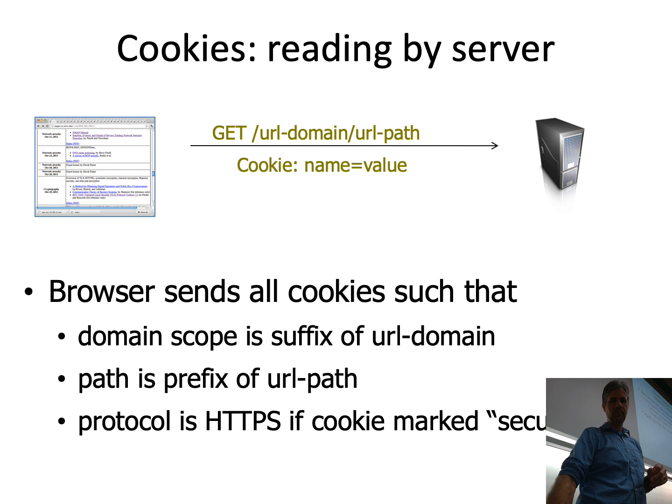A domain is the host name, www.amazon.com. So we call that part of the URL the domain name. Typically the whole thing is a host name, and if you strip off the first part, you often get the domain name.